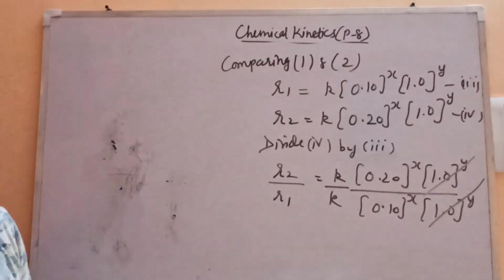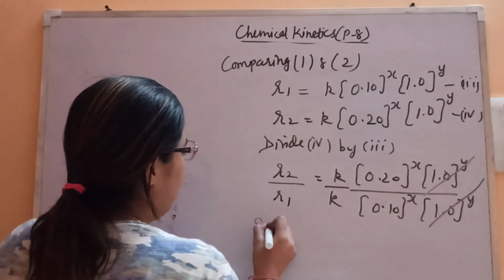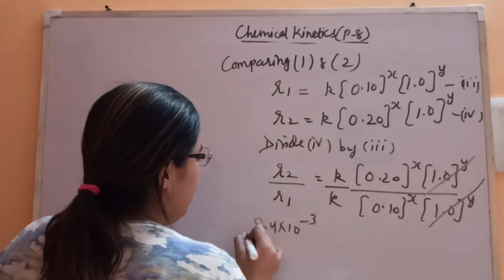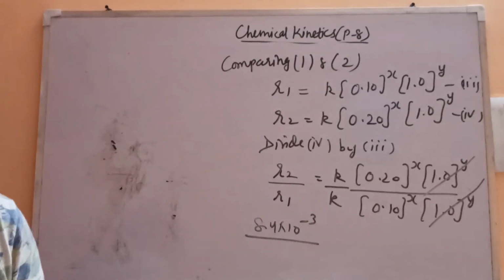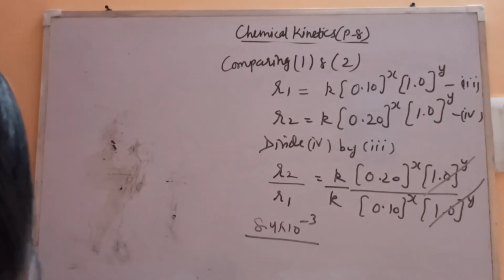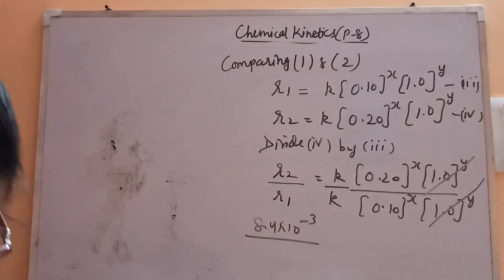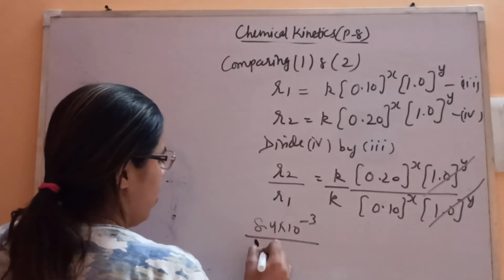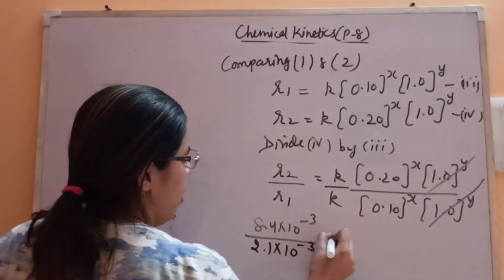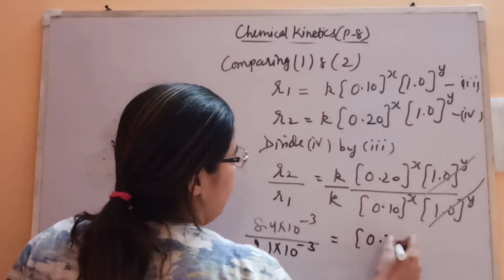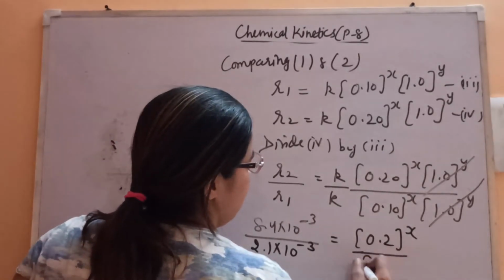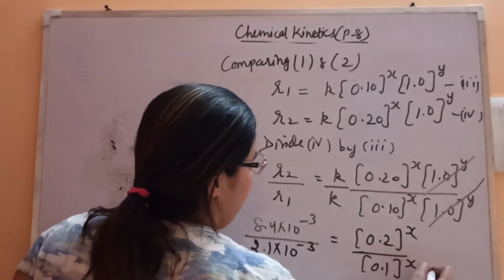Now substitute R2 and R1. R2 is 8.4 into 10 to the power minus 3 and R1 is 2.1 into 10 to the power minus 3. This is 0.2 X over 0.1 X.